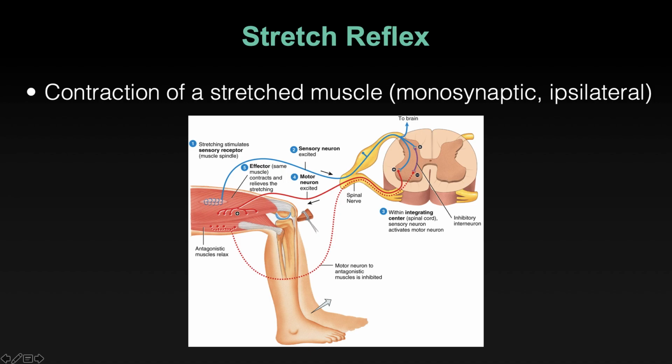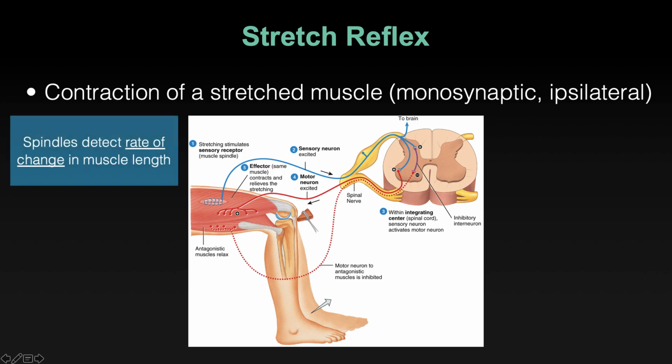You sit on the edge of the bed, you swing your legs back and forth, and you use a little pointed hammer to hit your patellar tendon. That's an example of a stretch reflex. So what is sensed? How is this information processed? And what's the result? In the stretch reflex specifically, muscle spindles detect the quick, abrupt lengthening of the muscle.